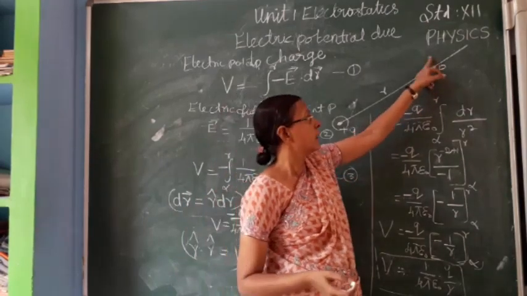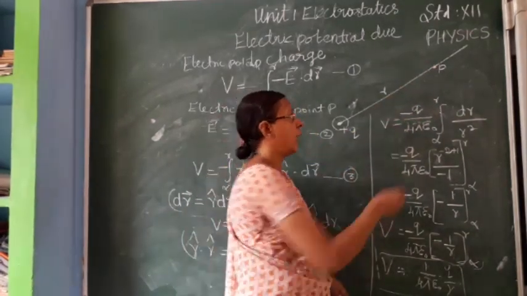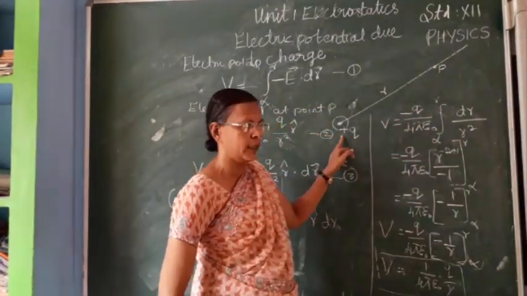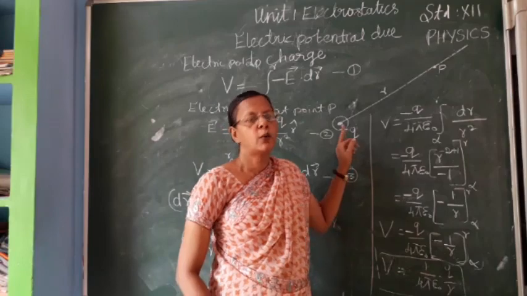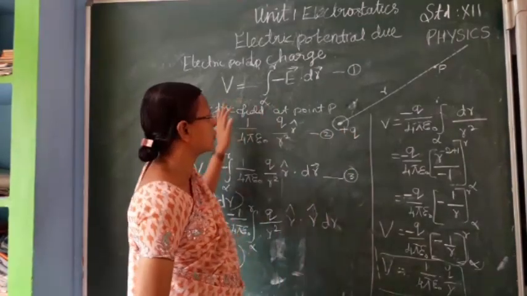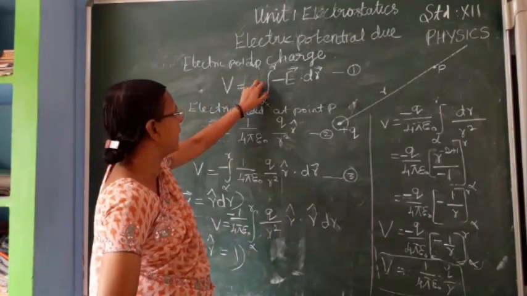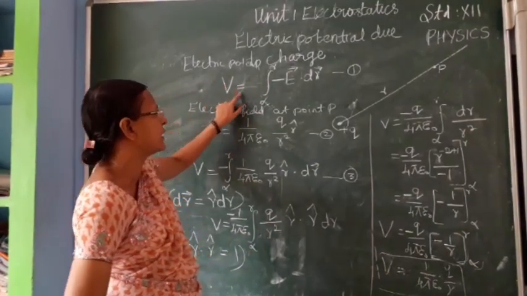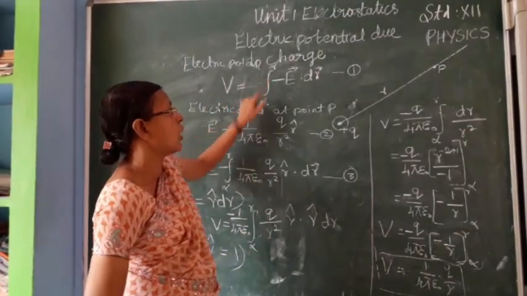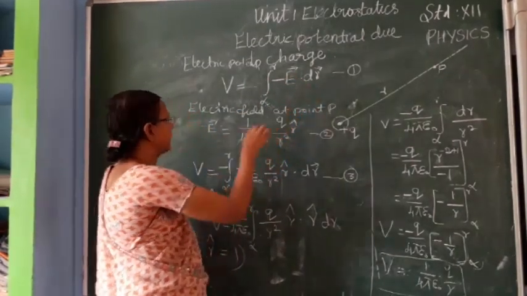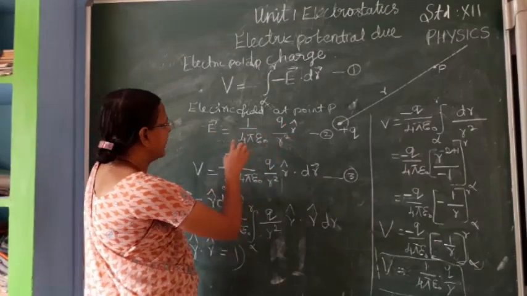Okay, now here we are finding it for one charge. All of you understood this derivation, I think. So the electric potential expression: V is equal to integral infinity to r of minus E vector dot dr vector, where E is the electric field at point P.